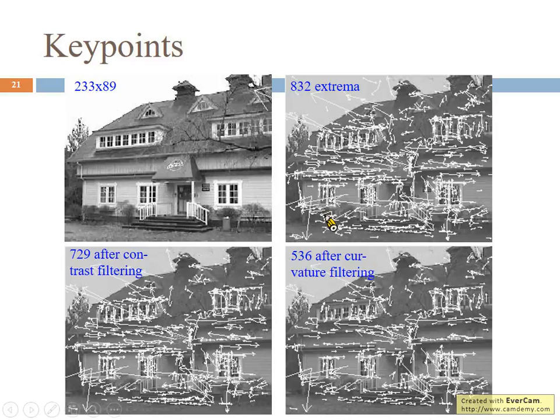Okay. This is another example showing the effect of filtering. So this is the original image. Originally, we found more than 800 local extrema. Here we can see this kind of illustration. The starting point of each arrow is the position of the key point.